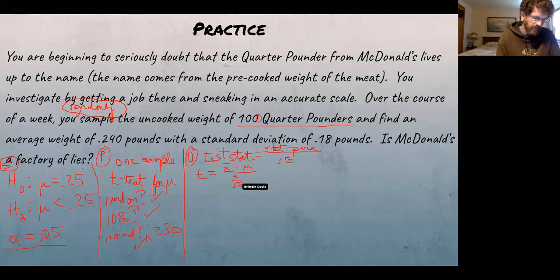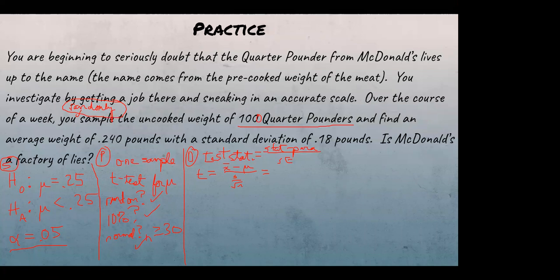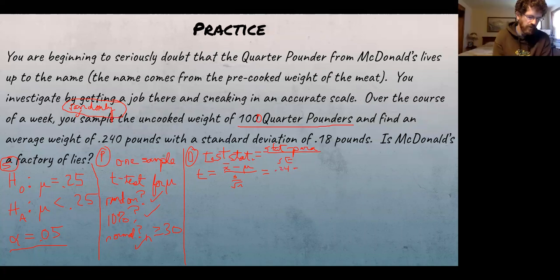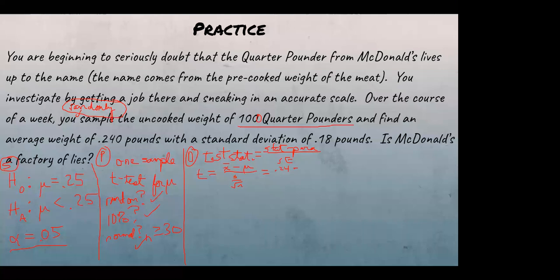And now I can substitute in specific values. What is x bar? 0.24. Mu is 0.25.